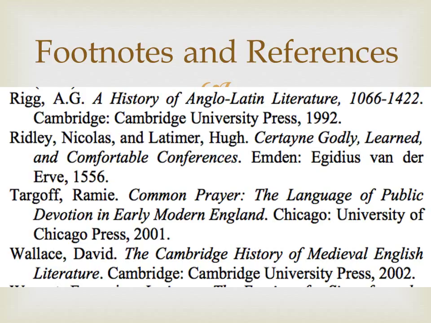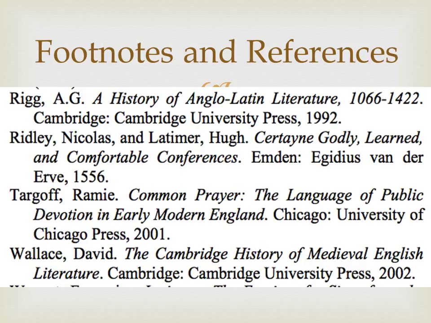If it's a book, it would be in italics. If it was an academic paper, there isn't an example here, but if it was an academic paper, it would be in quotation marks. And the layout is slightly different. Again, I would ask you to take a close look at the MLA handbook for this.